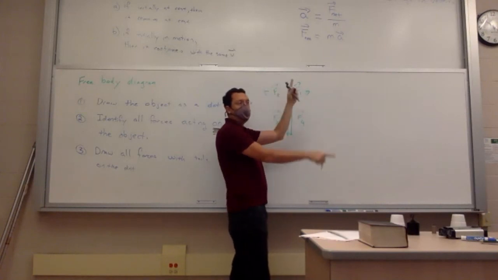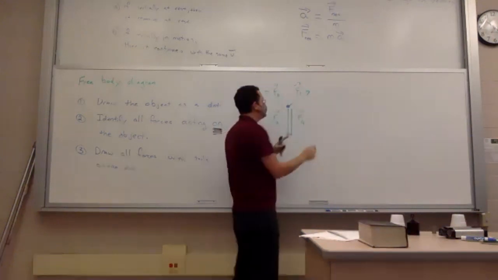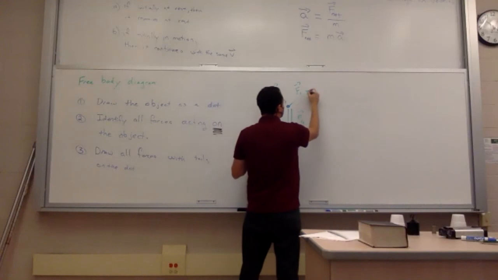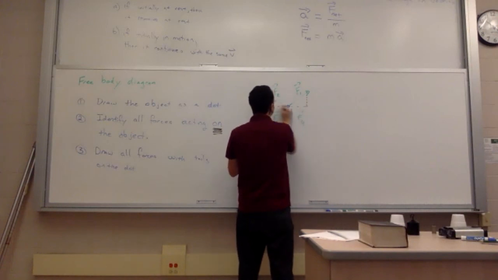Sometimes for ramp problems I choose it differently. It doesn't matter, x and y are my choices. After you choose what you call x and y, you're going to need to break the vectors into components.